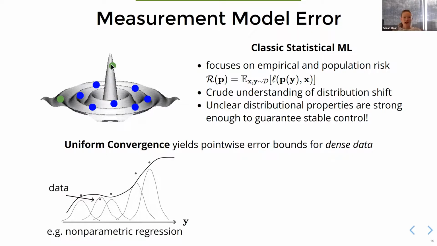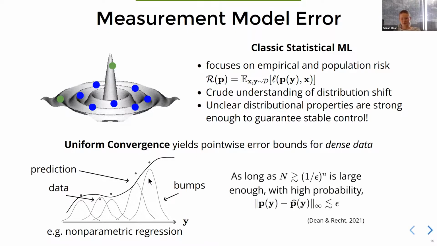The image to have in mind in a non-parametric regression setting, similar to deep learning, although of course a simplification, is one where each data point contributes a little bump to our prediction, right? So around each data point, I think that because the underlying function is smooth, I can roughly predict what will happen. And so my prediction essentially averages up the little bumps that I have from the data that I've observed.